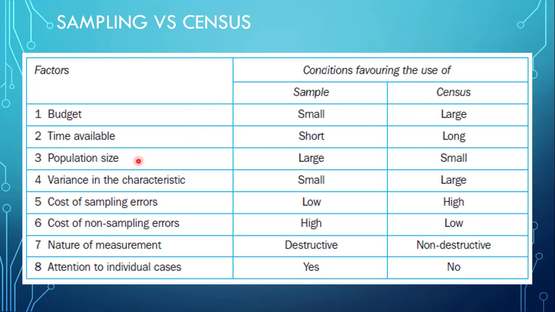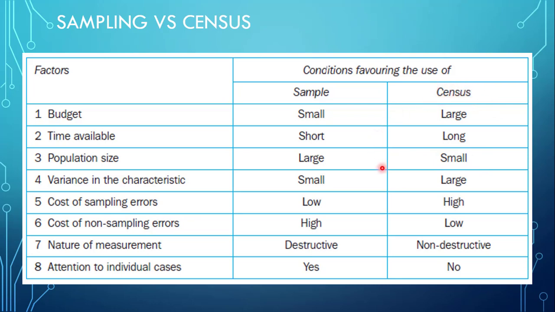The third factor is the population size. If you have a larger population size, then you are going to take samples from that population, and if the population size is smaller, then you are going to include the whole population in your study.